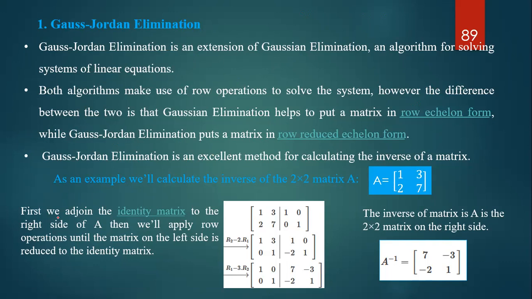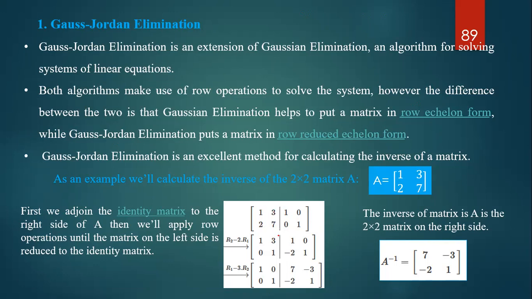So how can we find the inverse matrix using Gauss-Jordan elimination? First, let's write the matrix A. This component 1, 3, 2, 7 is the A matrix.